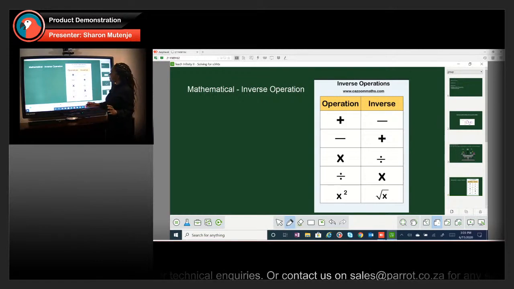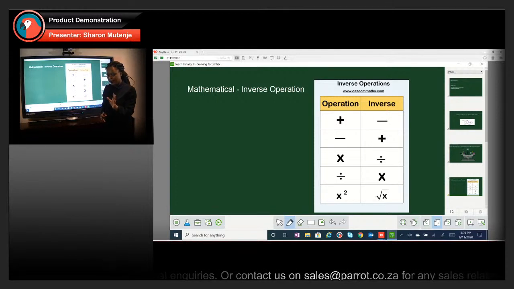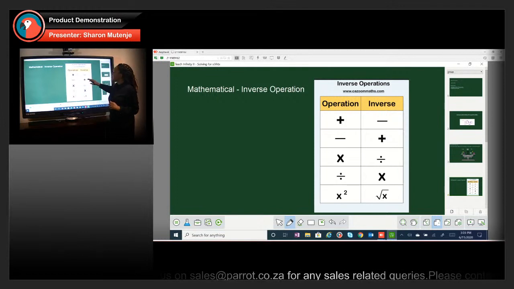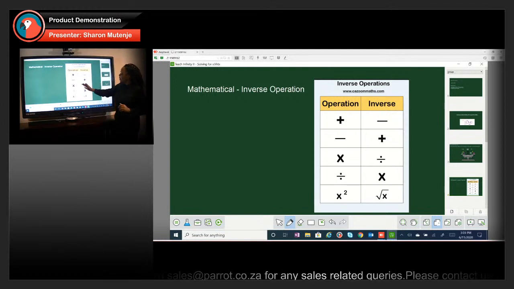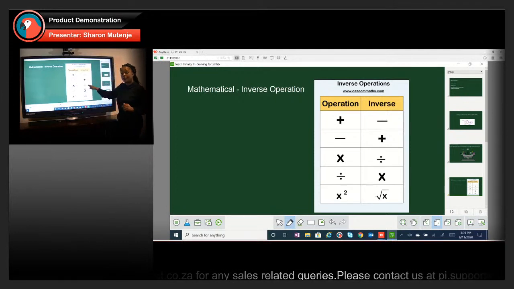When I look at the operation addition, or plus, the inverse of that is minus. Same applies: the operation minus, its inverse is plus. If I come to multiplication, its inverse is division.